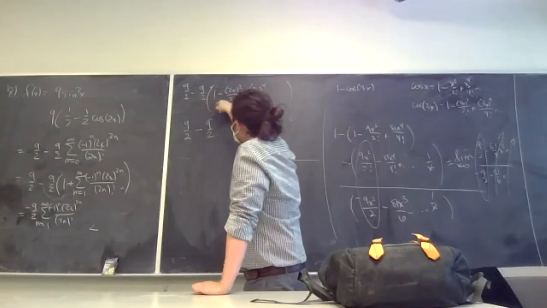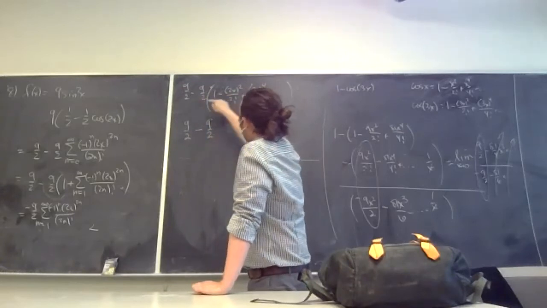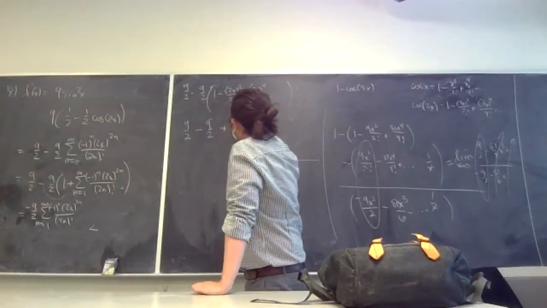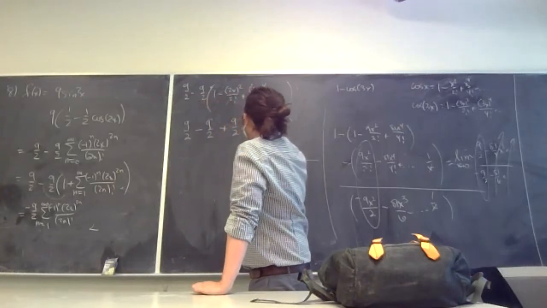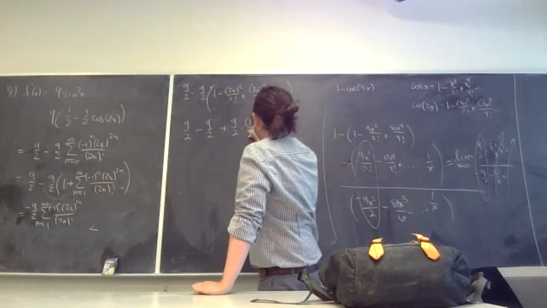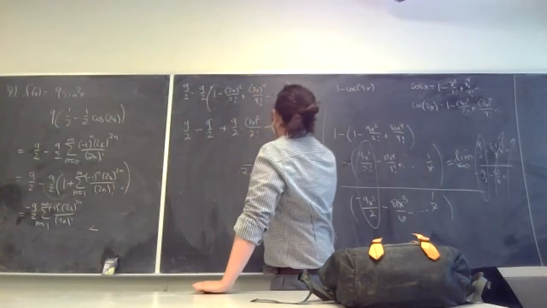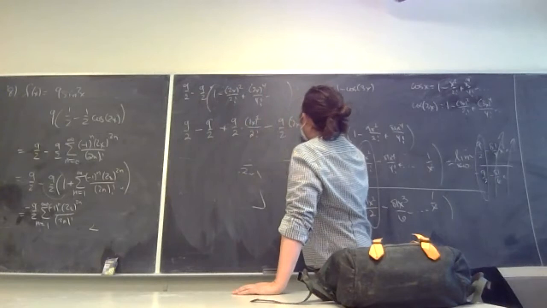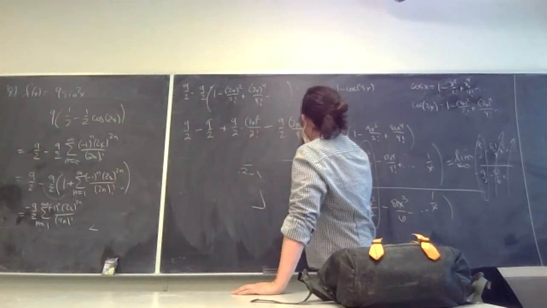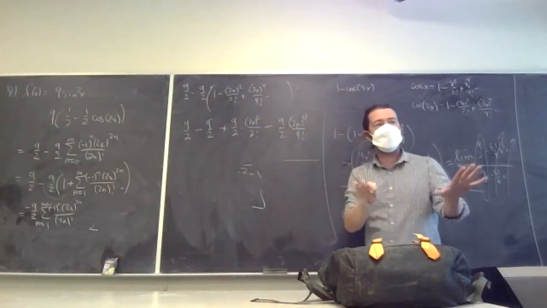The negative 9/2 of the 1 becomes negative 9/2. And then the next step is plus 9/2 times 2x squared over 2 factorial, minus 9/2 times 2x to the 4th over 4 factorial. You get the same answer, but without the sigma notation.